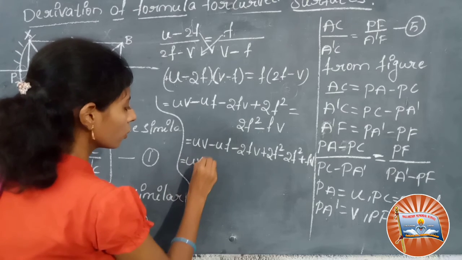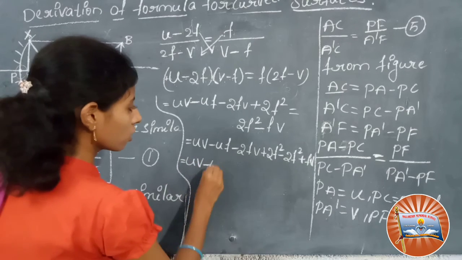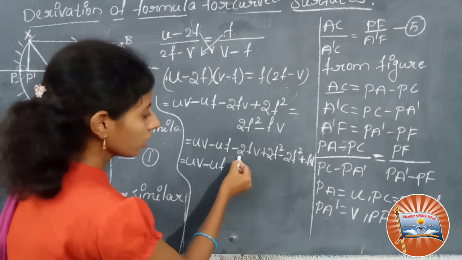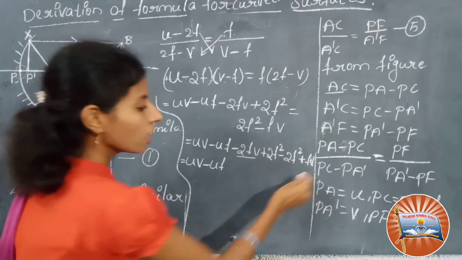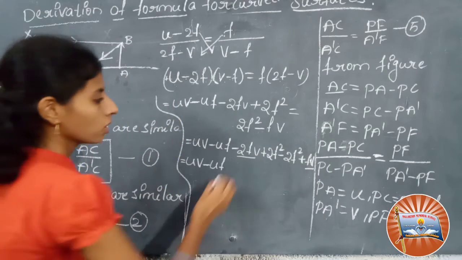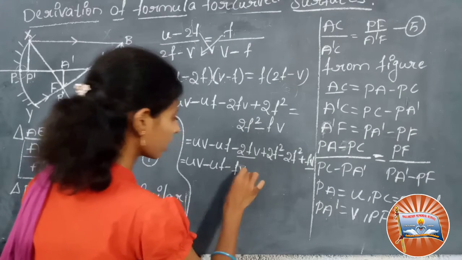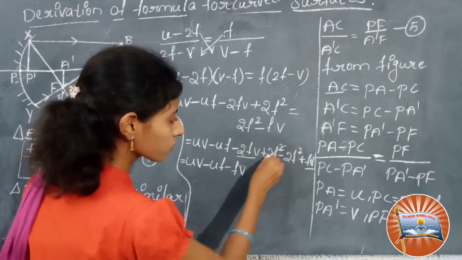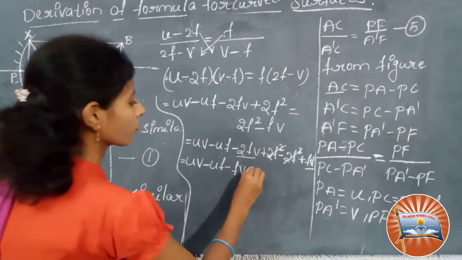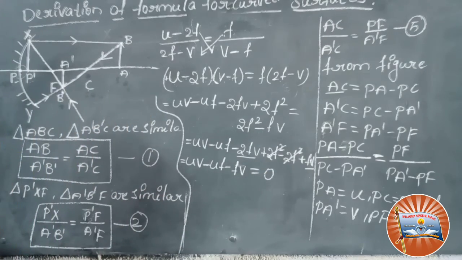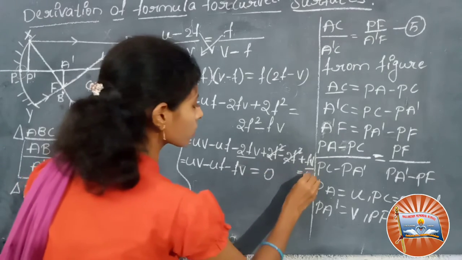Now write down UV minus UF, minus 2fV plus fV, we will get minus fV. And 2f square gets cancelled, equals to 0.